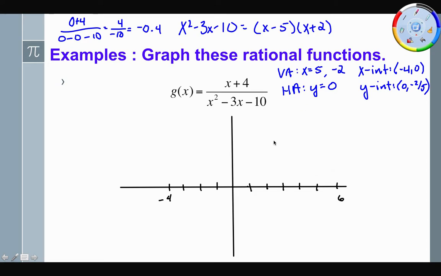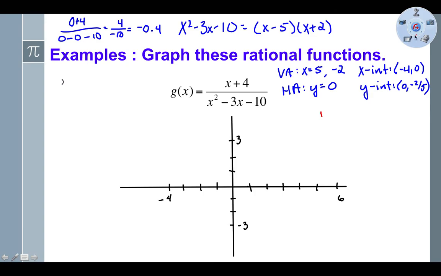All right, and let's go vertically. Let's go up a couple here. Let's put in our vertical asymptotes at x equals 5 and at x equals negative 2. So we get 2 vertical asymptotes here.